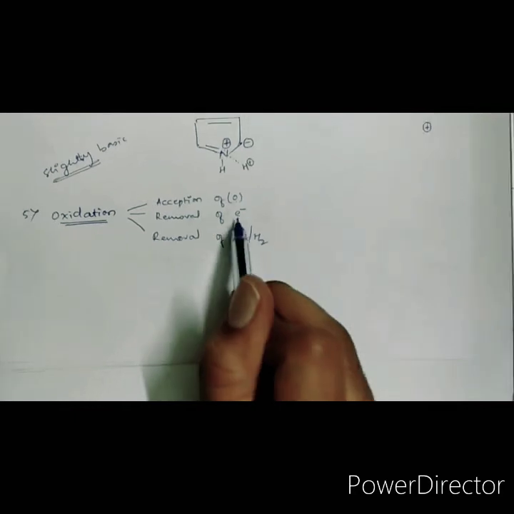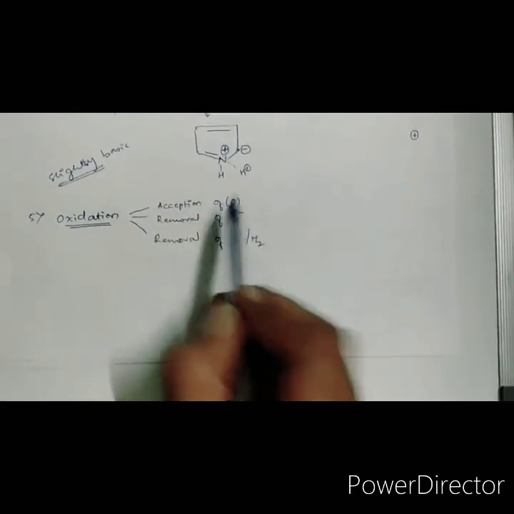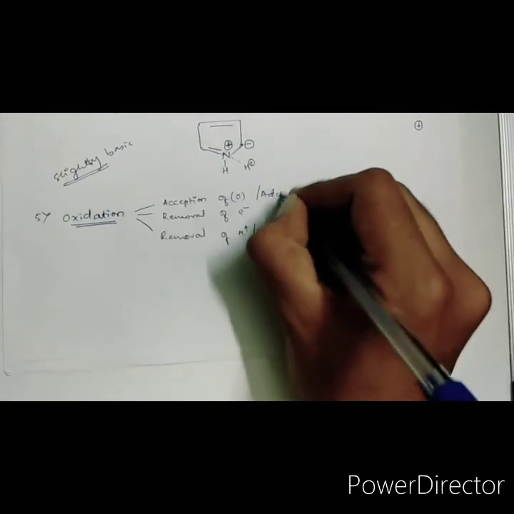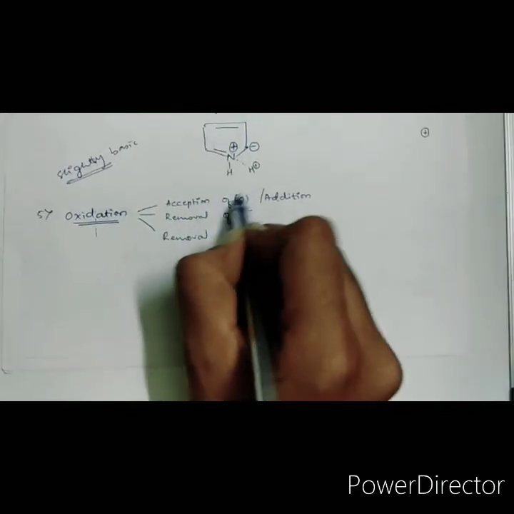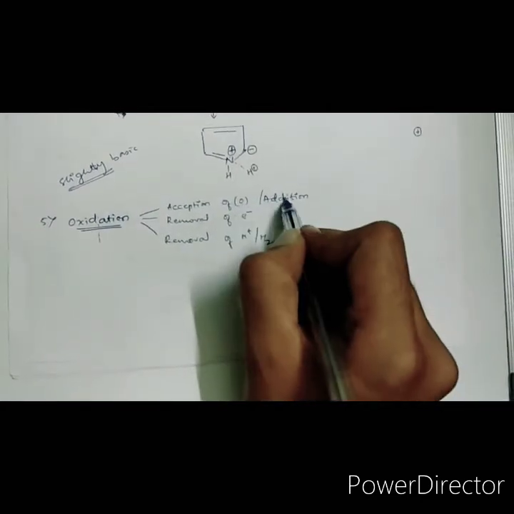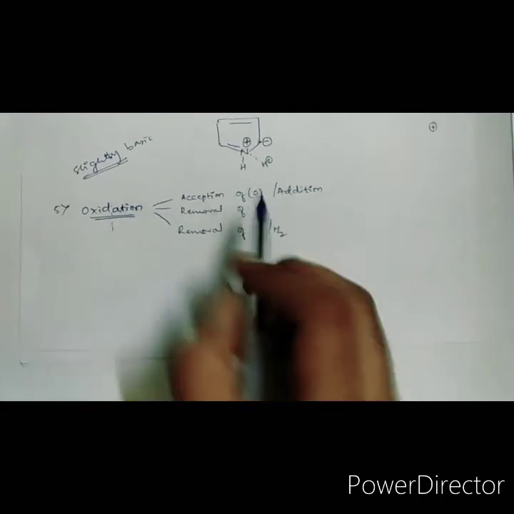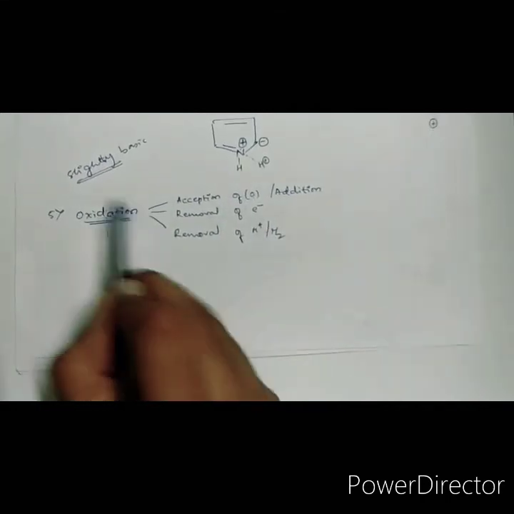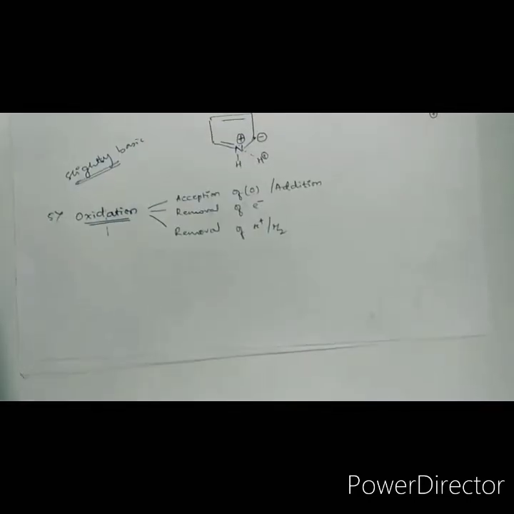Both mean the same. Hydrogen removal or removal of electrons also leads to oxidation, or addition of oxygen. You can see in the word oxidation, oxy, that is oxygen. So in this way you can remember the definition of oxidation, that is, addition of oxygen is known as oxidation. So how does this pyrrole undergo the oxidation reaction?